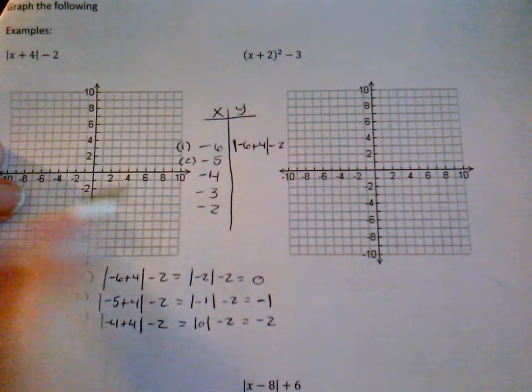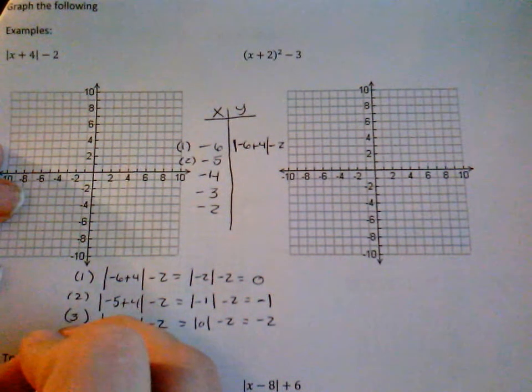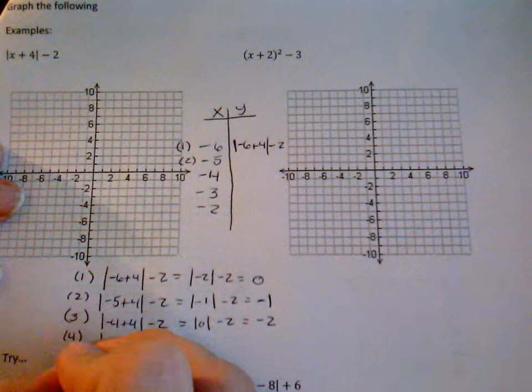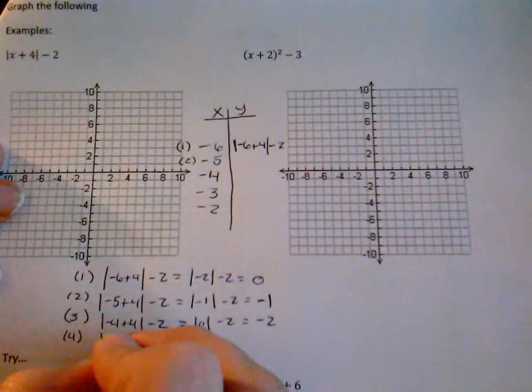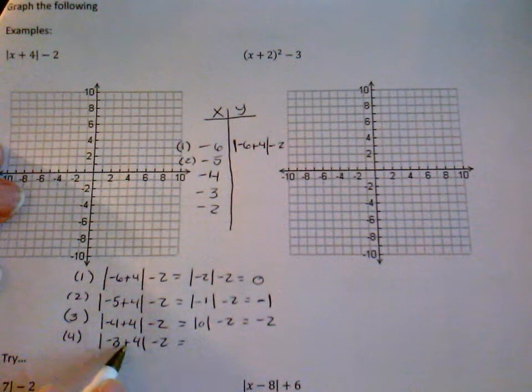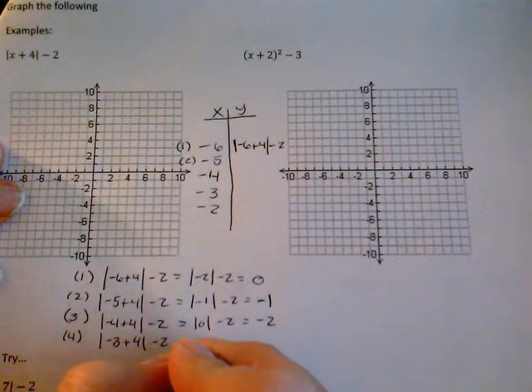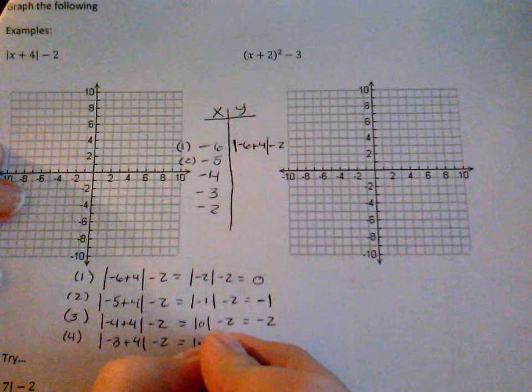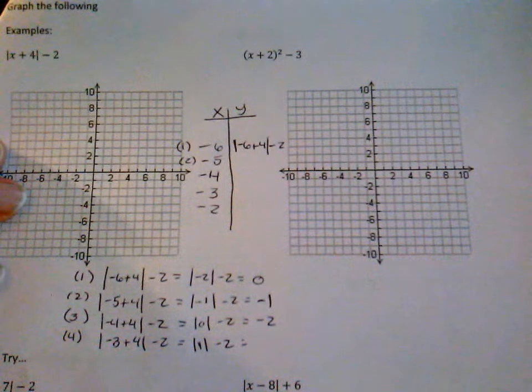And then when we do it for the 3, it's going to be negative 3 plus 4 minus 2, which equals negative 3 plus 4 is a positive 1. Now a positive 1 stays positive, alright? So when it's in an absolute value, it stays positive. So it's going to be positive 1 minus 2, which is negative 1 again.